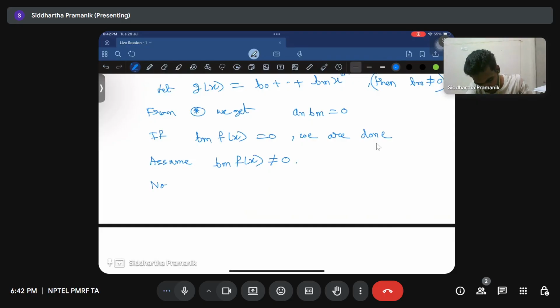Now what is the degree of this bm times f(x)? Its leading coefficient is an bm, which is 0. So the degree of bm times f(x) is strictly less than the degree of f(x).